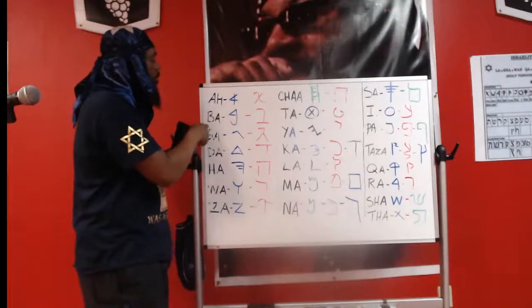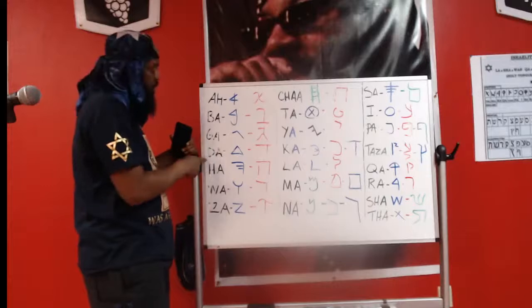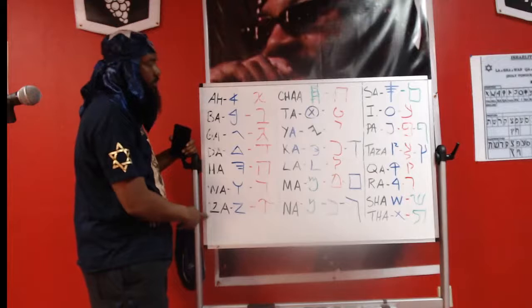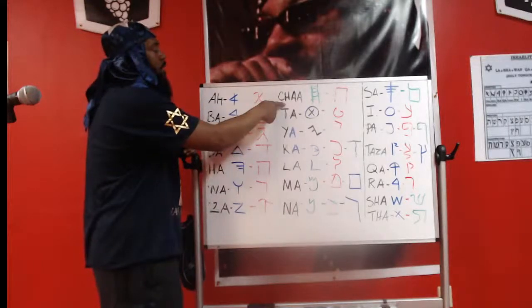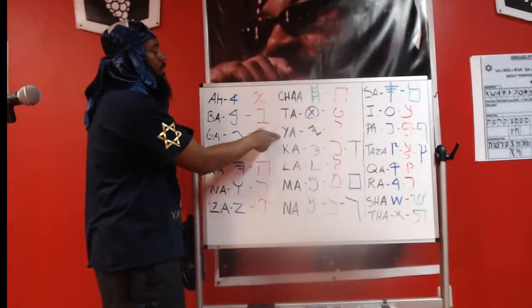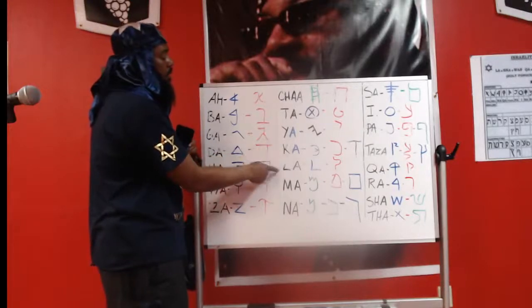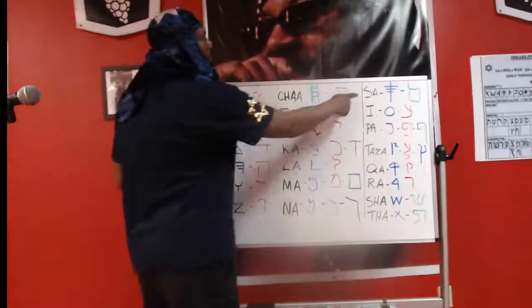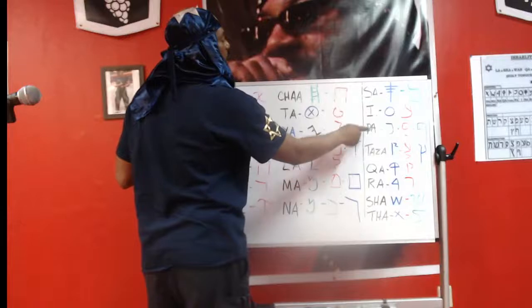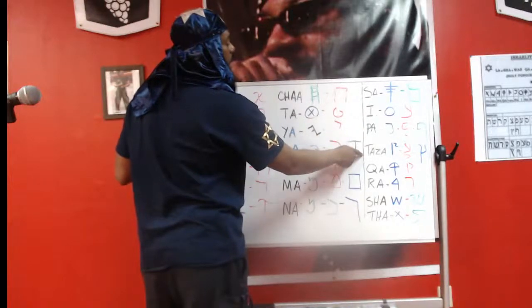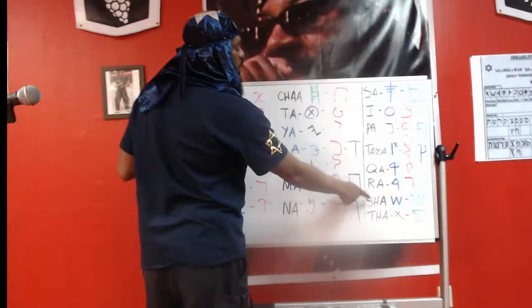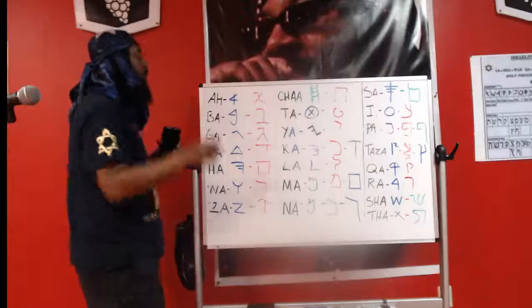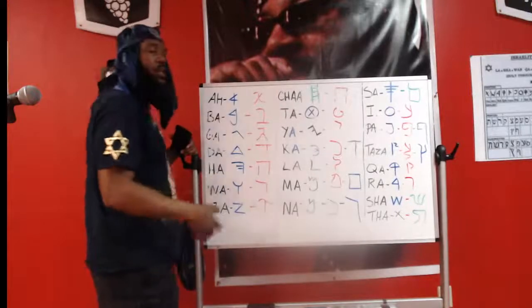A, Ba, Ga, Da, Ha, Wa, Za, Ka, Ta, Ya, Ka, La, Ma, Na, Sa, I, Pa, Taza, Kwa, Ra, Sha, Fa. All right. Now, focusing in on the ancient Hebrew.